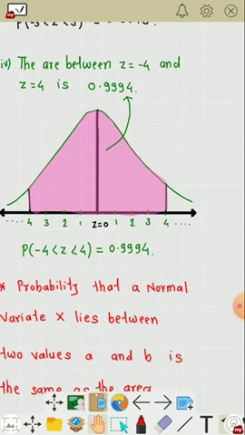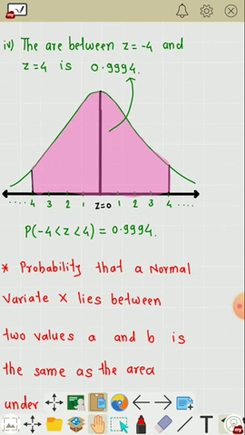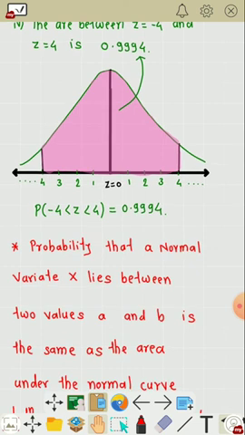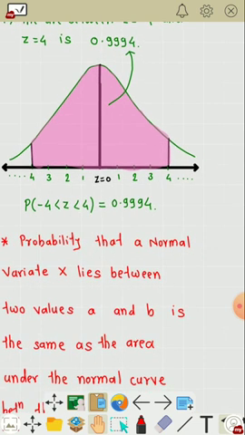Here also in this graph, the area shaded by pink color gives the probability of variable z from -4 to 4, and that probability is equal to 0.9994. And if we want to find the probability of variable z from 0 to 4, that probability will be exactly half of the probability of z from -4 to 4.